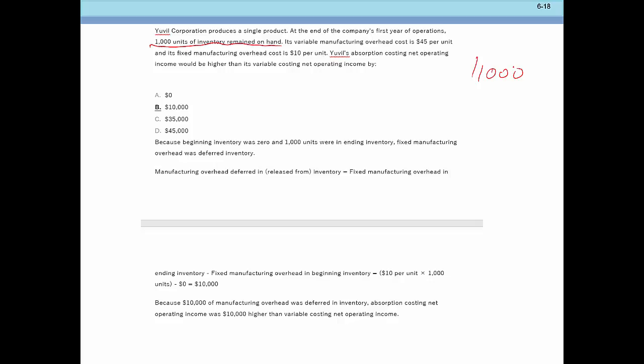But since the inventory came up, and it's $10 fixed cost per unit, then that means that absorption will have a $10,000 higher net income. Or operating income. I keep saying net income. We're not calculating gains and losses on sale of equipment and interest revenue and expenses in this whole thing. It's on our operations, right? Okay?